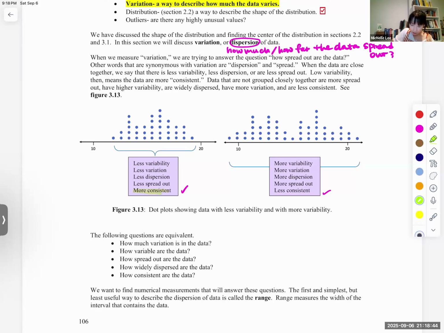So more consistent, less spread out, less variation, less dispersion, less variability. Then the opposite: more spread out, more dispersion, more variation, more variability, and less consistent. So let's remember only one thing, then everything else is the opposite.